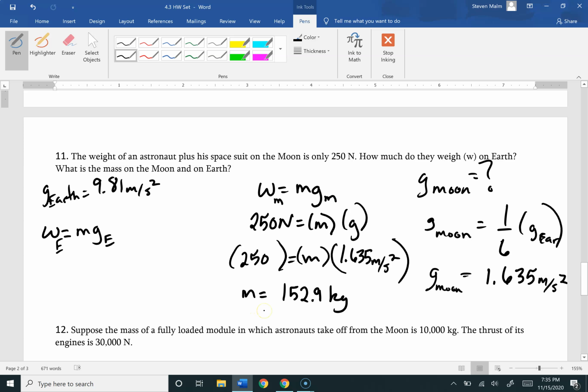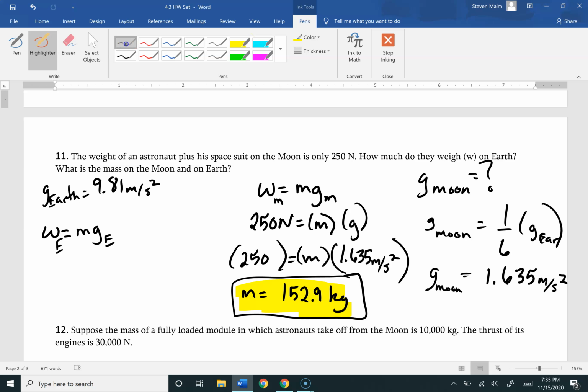Okay, so his mass is 152.9 kilograms on the moon. One thing to remember is that mass is the thing that's constant no matter what. So when we say that something has a mass, that mass should be the same no matter where we are.